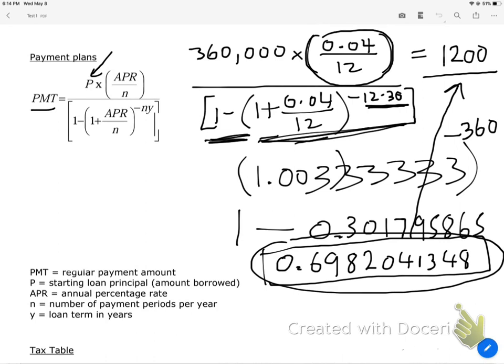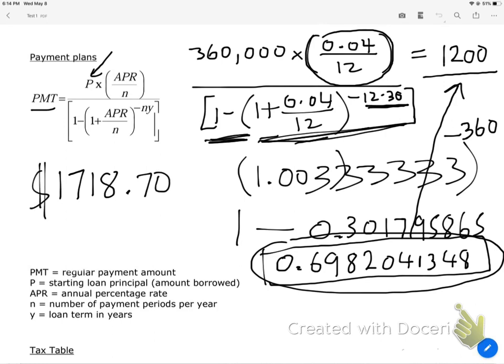So, 1,200 divided by 0.698204134. That gets 1718 and 70 cents.